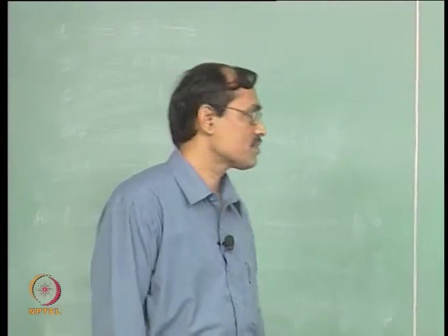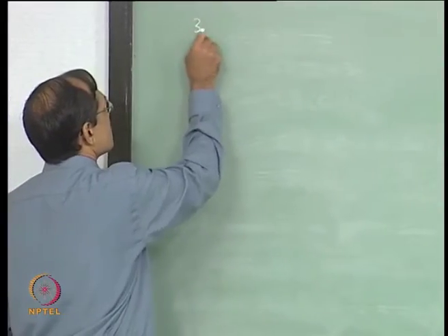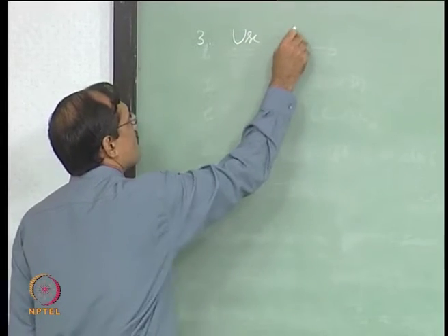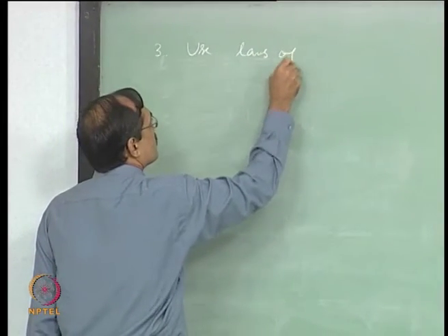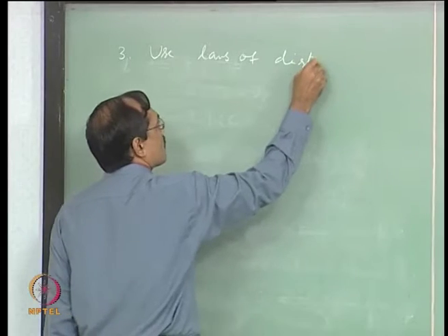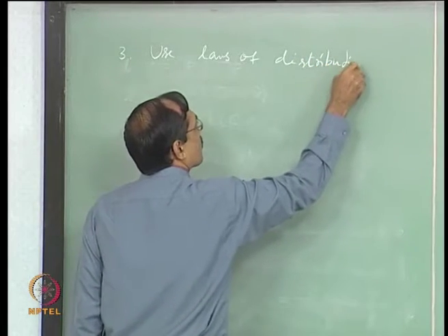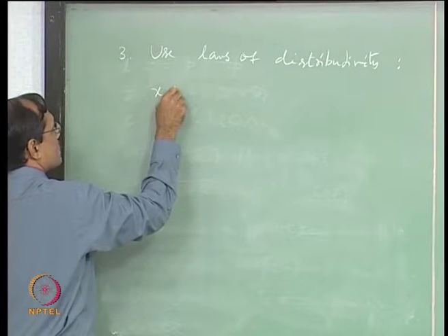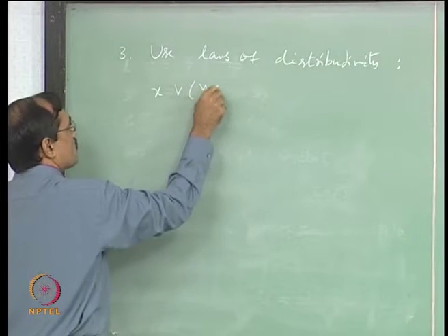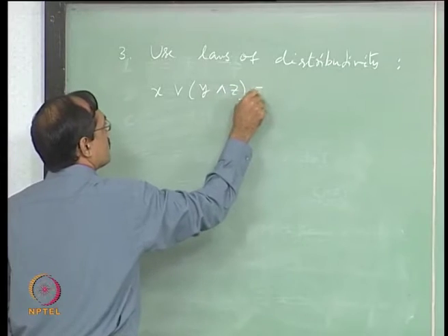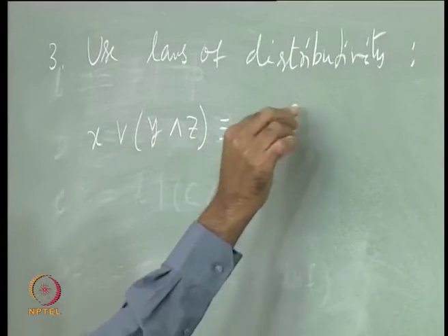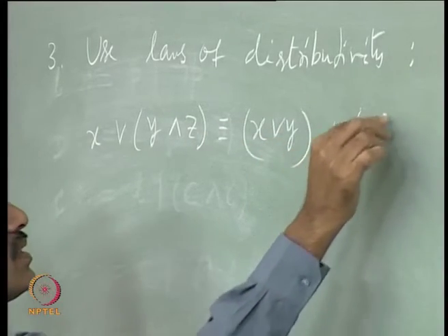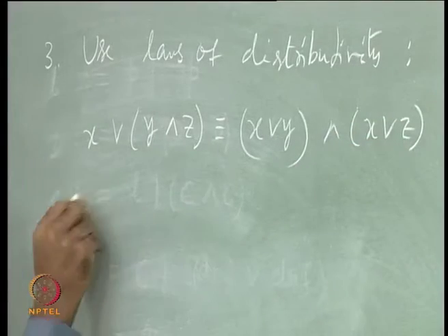Use distributivity. So, third step is use laws of distributivity, which can be written as x or y and z is equivalent to x or y and x or z, also the other way.